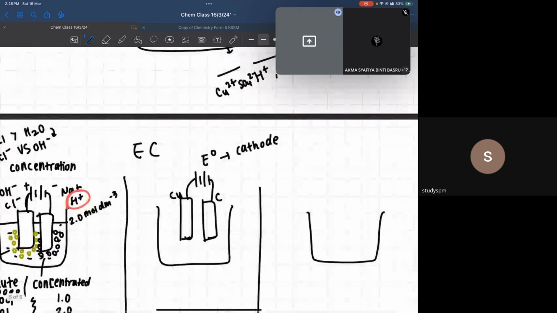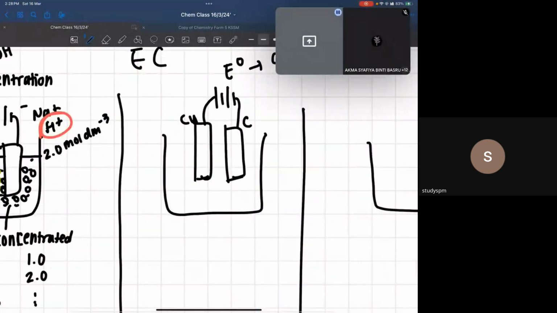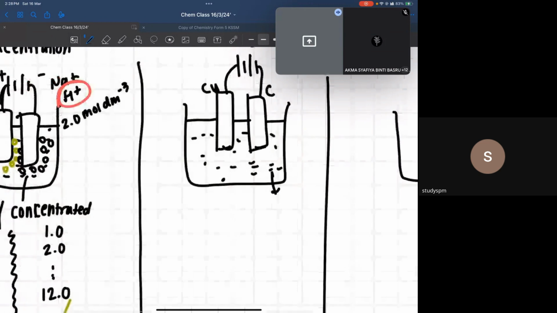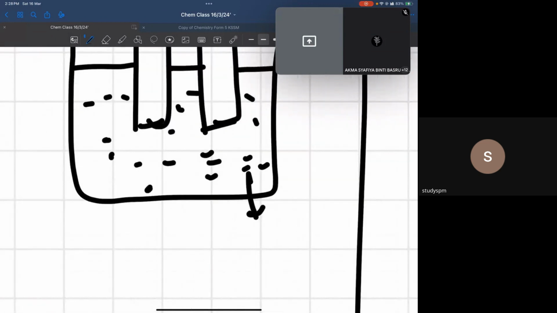So today we'll focus on the anode, because the anode has the most factors. So we draw the electrolyte first. We put copper sulfate, okay? No. We put something different from copper. Iron(II) sulfate solution.